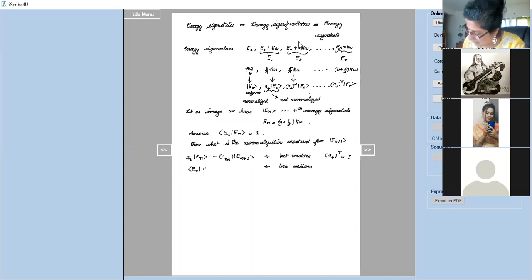So I'll get A minus is equal to, and here I will get En plus 1, of course, the corresponding bra vector. And what will I get over here? Cn plus 1?